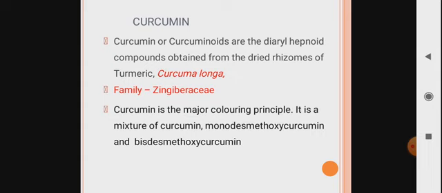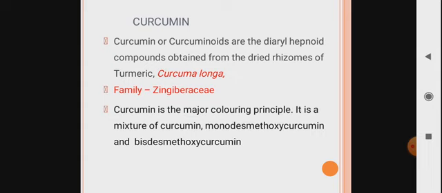Then the last example of this class of resins: curcumin. Curcumin or curcuminoids are the diarylheptanoid compounds obtained from the dried rhizomes of turmeric, Curcuma longa, belonging to family Zingiberaceae.